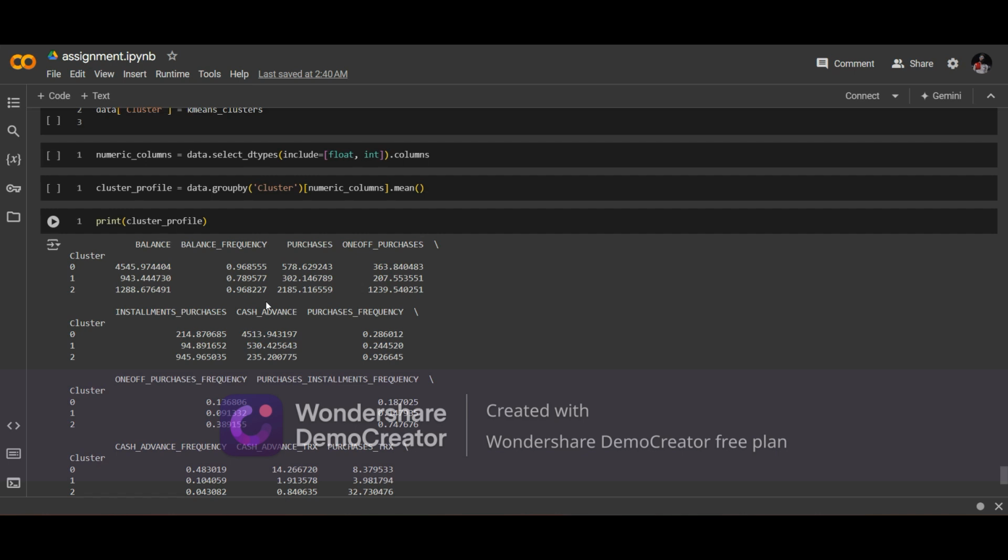And to understand what each of these clusters represents, I would like to explain.